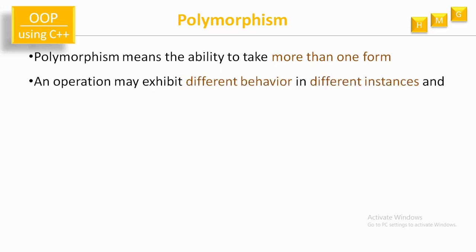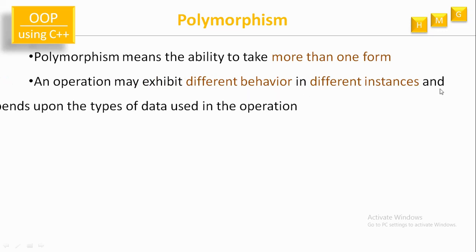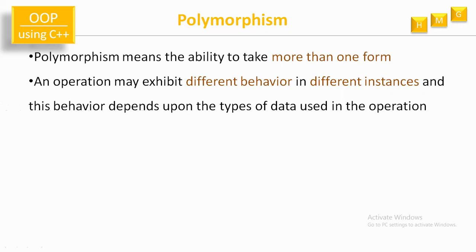An operation may exhibit different behavior in different instances, and this behavior depends upon the types of data used in the operation. So there will be a certain operation, that is, the operation will be performed by a function, and the function may perform different operations depending on what type of data is used at that particular instance.